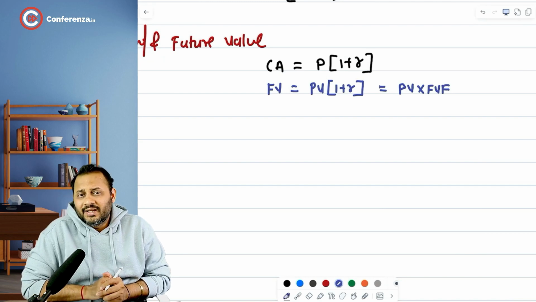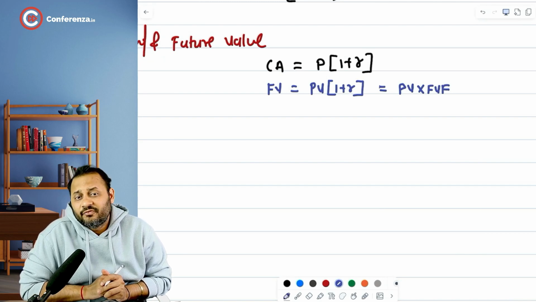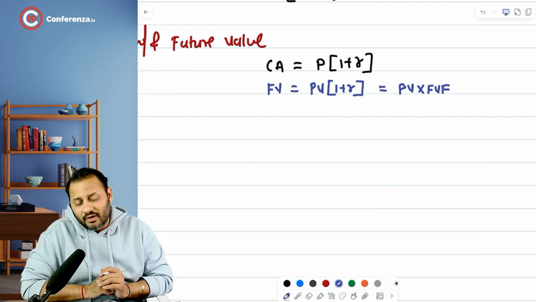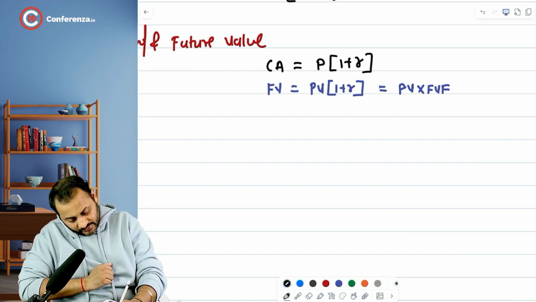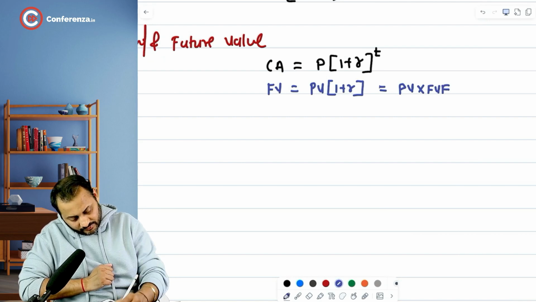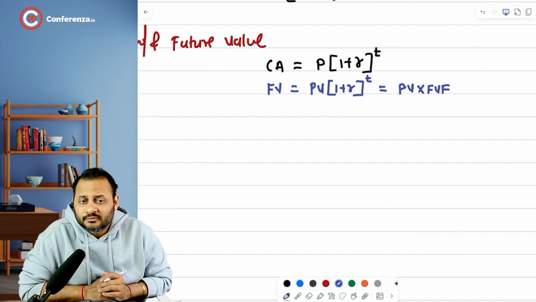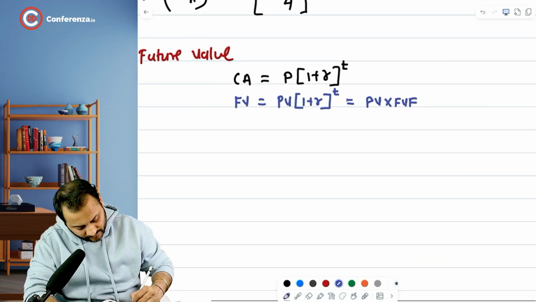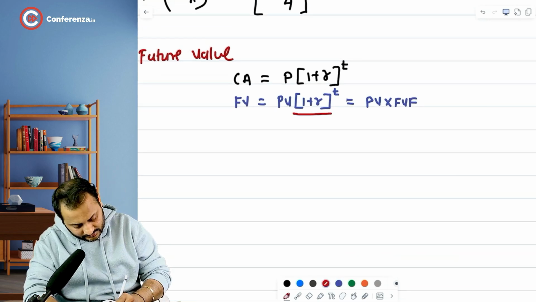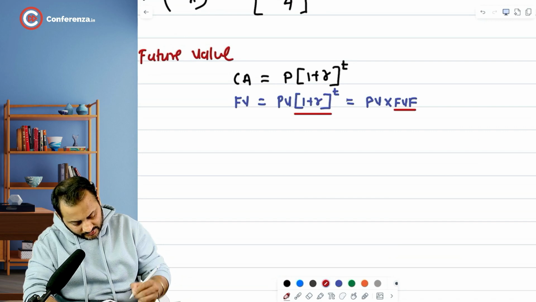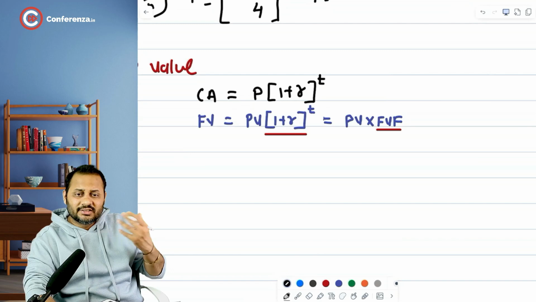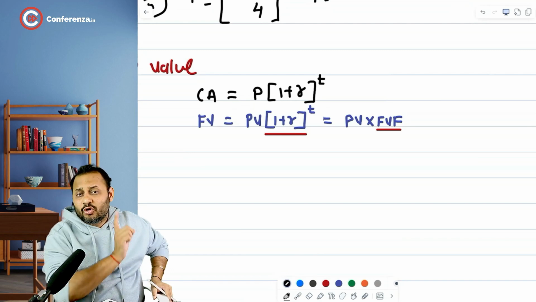When you do the 1 plus r, it is called future value factor. And if you are doing it for 2 years, you can just put t on the power like this. 1 plus r to the power t. This 1 plus r to the power t is called the future value factor.